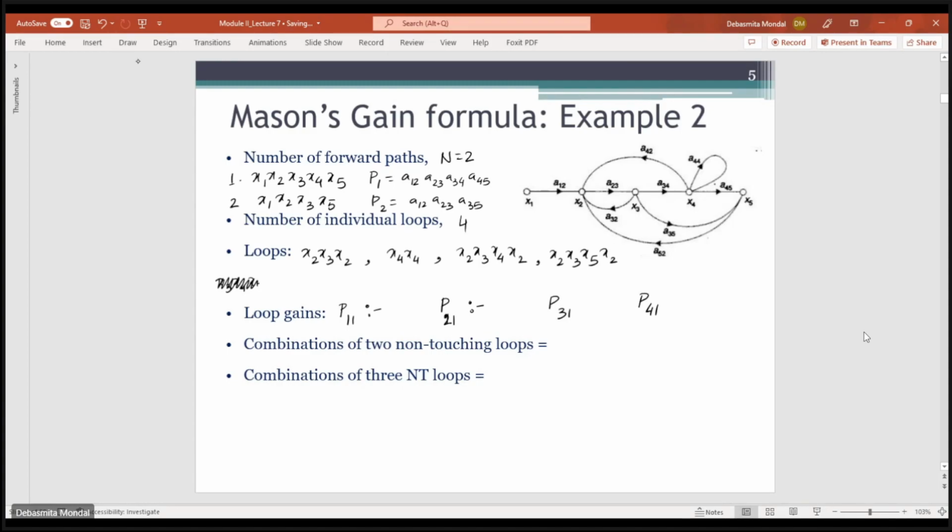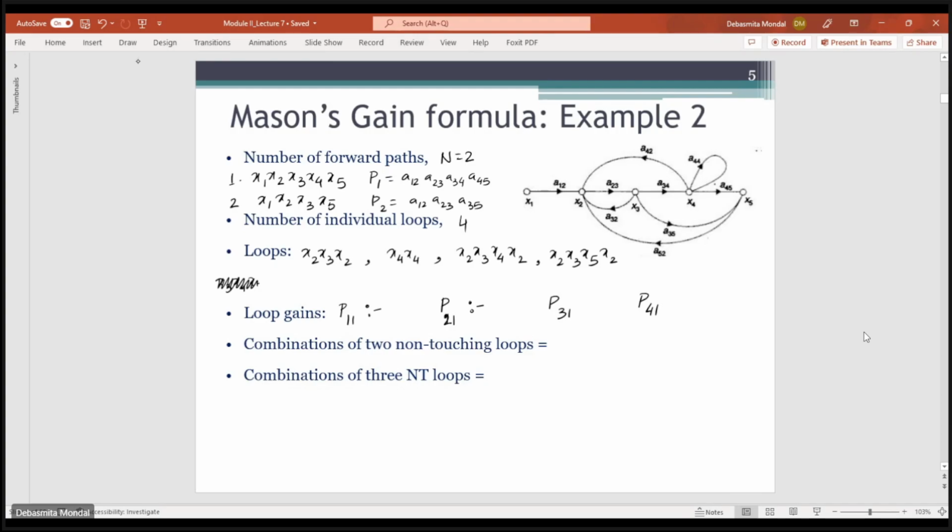As we have already seen, the second term of the subscript denotes the number of loops we are considering. Here we are considering individual loops, so the second term will be 1, and the first term will be the numeric value of the first, second and third loop. So P11, P21, P31, P41.